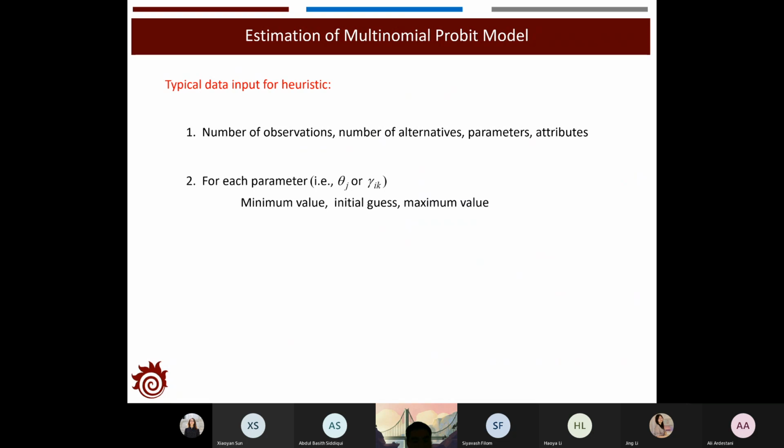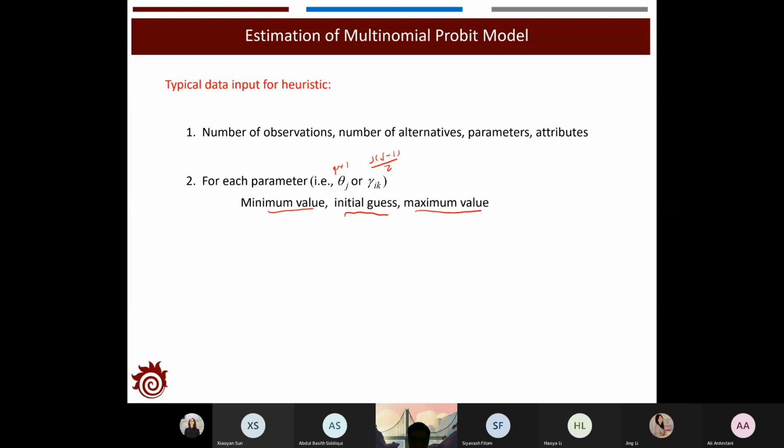And for each parameter to calibrate, say that we have p plus 1 theta values and j times j minus 1 divided by 2 coefficients or covariance elements, for each parameter we specify the minimum value and the maximum value as well as the initial guess.